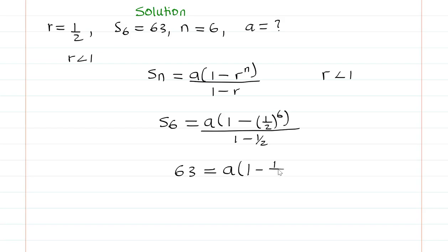So here we shall have 1 out of 64, divided by, what is 1 minus half? It gives us a half. So here we shall have 63 being equal to A into 1 minus 1 divided by 64.